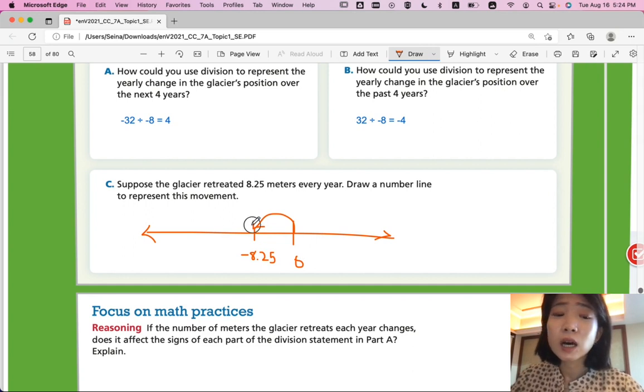And then another 8.25 meters away, you'll get negative 16.50. And then another 8.25 meters, you'll get negative 24.75, and so on.